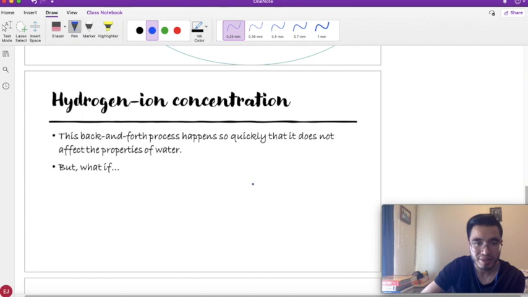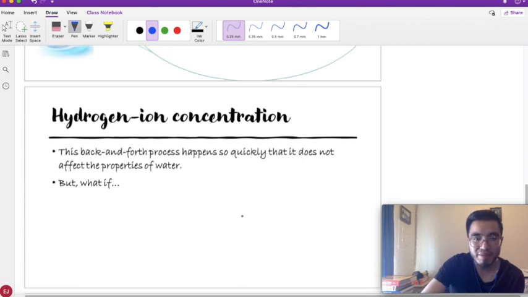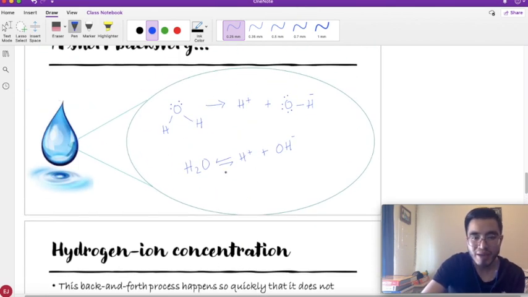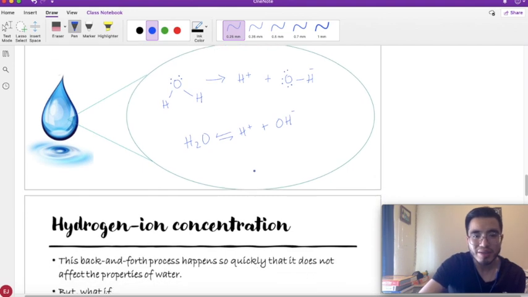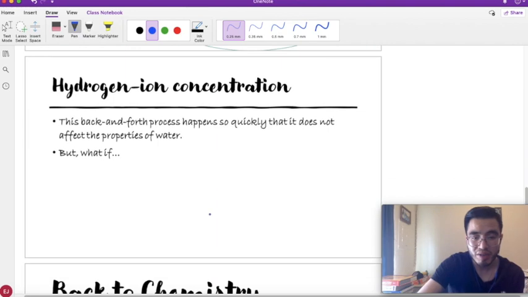But let's say we could record everything that's happening with the molecules, and then we paused at a very precise instant in time. Even though it will be very small, we would have some hydrogen ions and some hydroxide ions. So we focused on the hydrogen ions and the concentration of them.